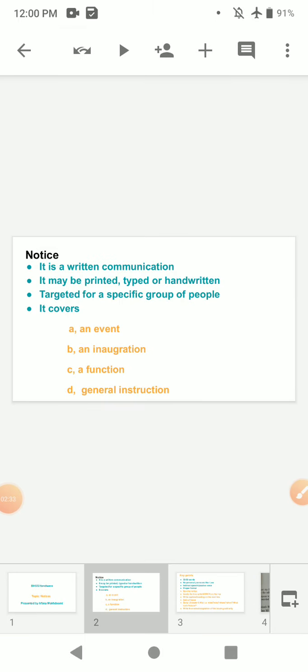Similarly, one writes a notice when something is lost, found or missing, or even for sale. We put it on the display board of the school if it is for students, of the college if the target audience is college students, or if it's for the public, on the display board of public places.